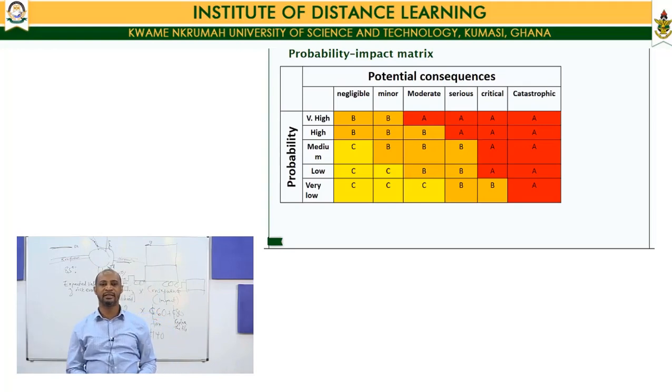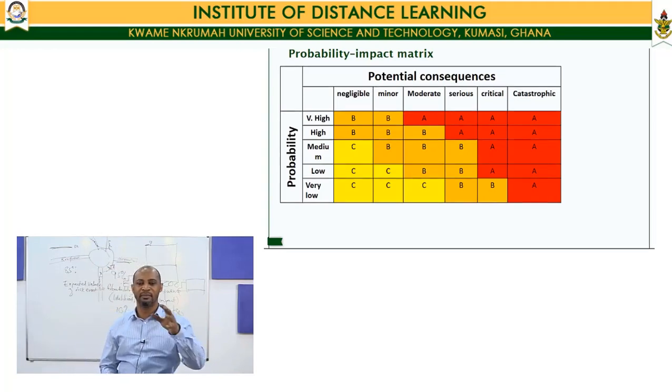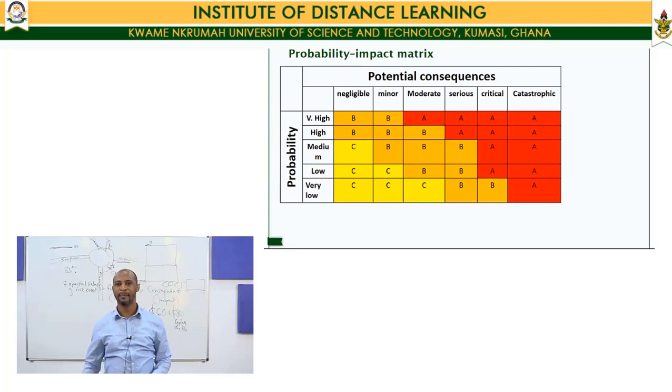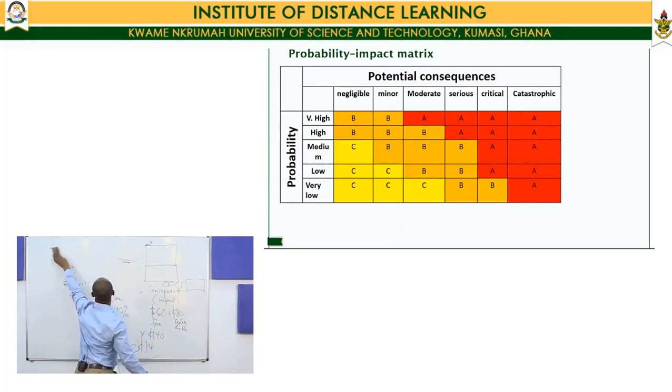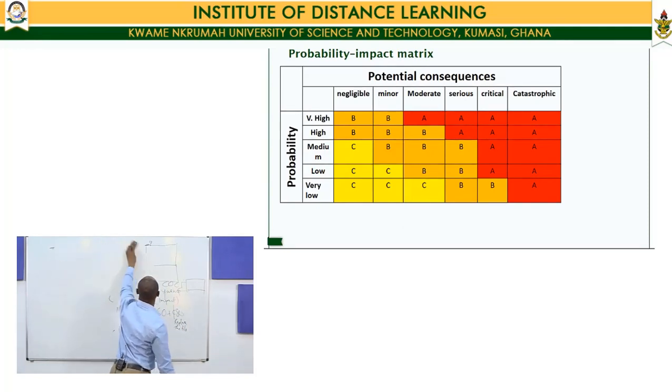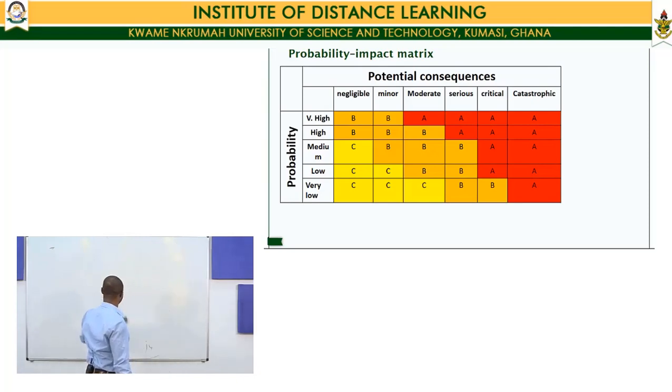So this is a risk impact matrix. Look at this matrix very well, and you will find that risks are classified and given colors. Red generally represents danger. Orange will normally represent near danger, and low is mild.